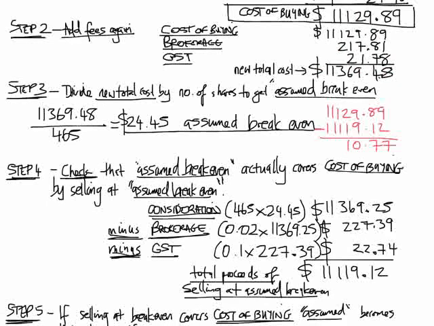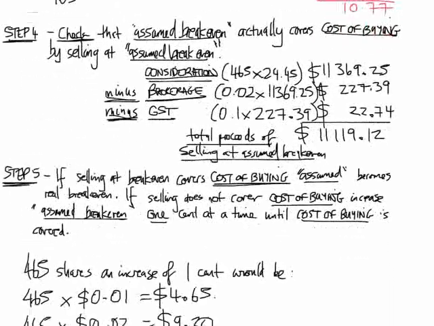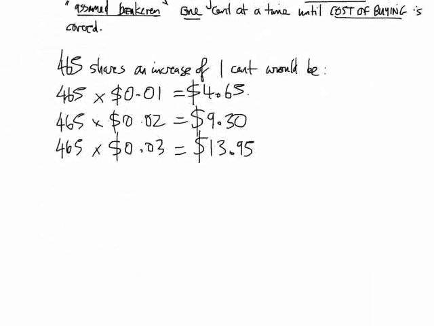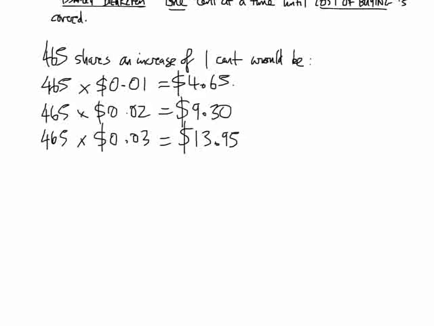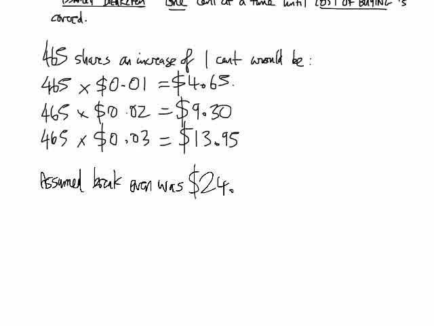So according to those calculations that we've done in step 5, we need to increase the assumed break even, which was $24.45. So I'll write that here. Assumed break even was $24.45.